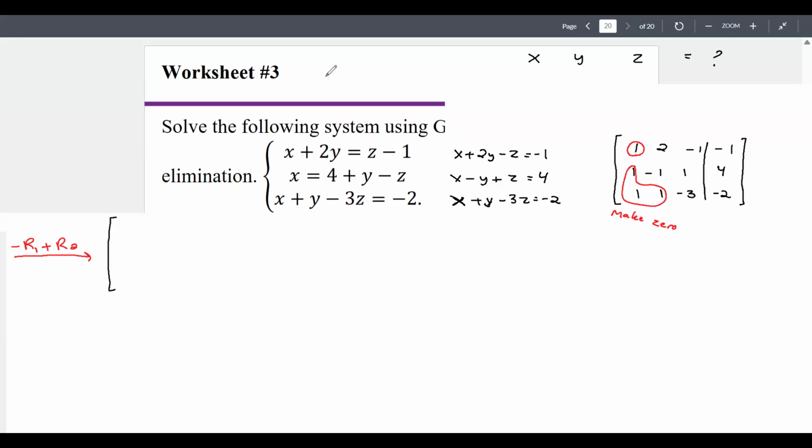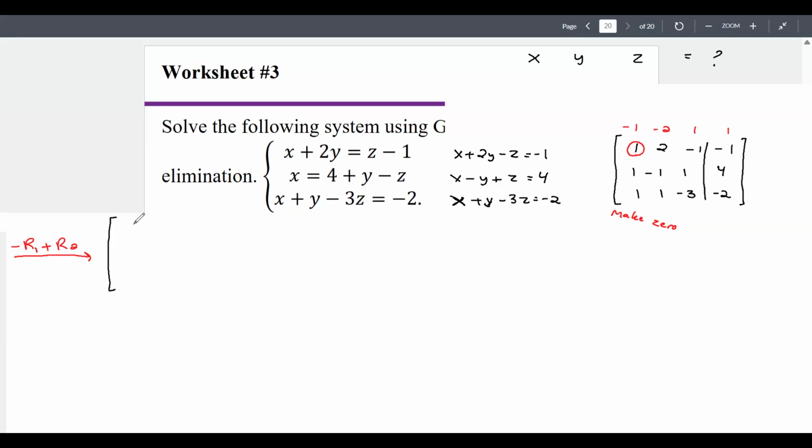So remember, this is just going to be, let me rewrite it here. We're taking R1 and making everything negative. This is -1, -2, +1, +1. So everything changes sign.